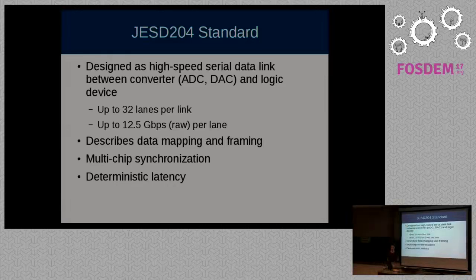The actual useful payload is a little bit less because of a little bit of protocol overhead, but overall you can get 40 gigabits per second, 400 gigabits per second over one link, which is quite a bit.